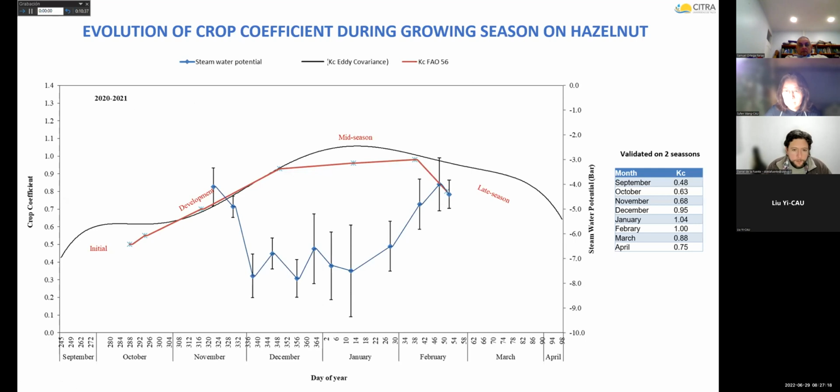Of course, there is a lot of difference between the Kc from the literature and the eddy covariance. And the blue lines are the stem water potential for the season.